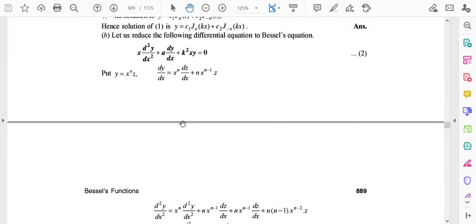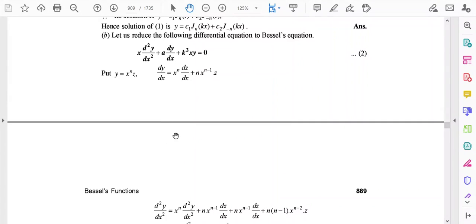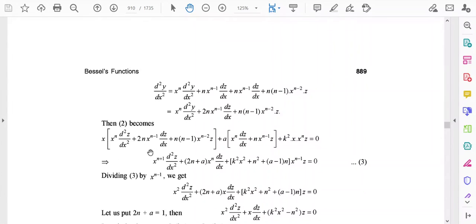Now after substitution of dy by dx and d square y by dx square into equation number 2, we will obtain this equation. Now we have to multiply x with the term in the third bracket, and multiply a with the term in the second bracket, and rearrange them.